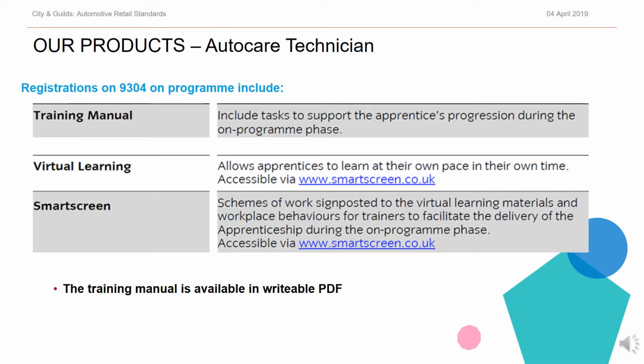It's important to add that 9304 will continue to evolve with new content being added, along with updates to our virtual learning content. Further details of the resources a bit later in the presentation.